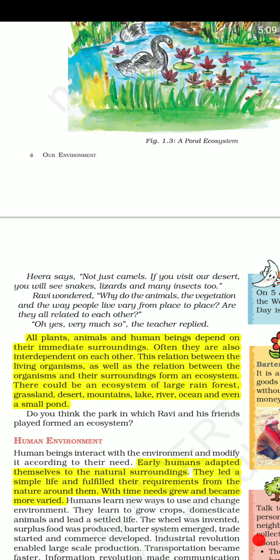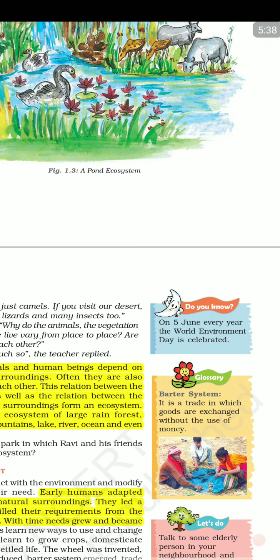So this interaction of the biotic and abiotic components, within the biotic component and between the abiotic components, is known as an ecosystem, right? Ecosystem has large rainforests, grasslands, deserts, mountains, lakes, rivers, oceans, and even a small pond.